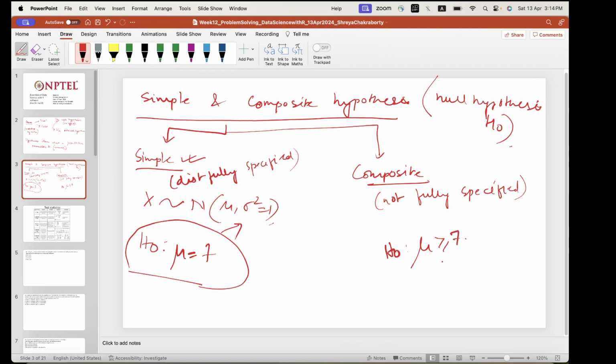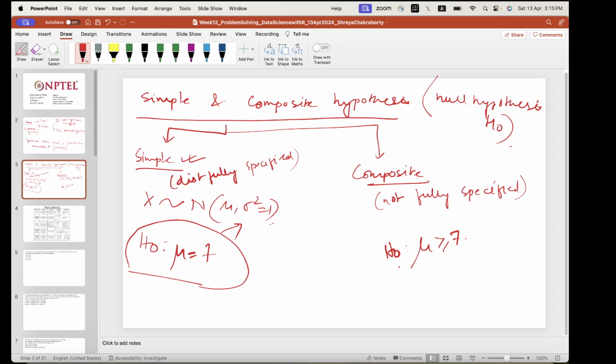So it could be anything. It could be 7, 7.2, 7.5, 7.9999, 7.00001, could be anything. Okay, so this distribution is not fully specified when we have a hypothesis like this. So this is the case when we call it a composite hypothesis, because it does not completely specify the distribution.